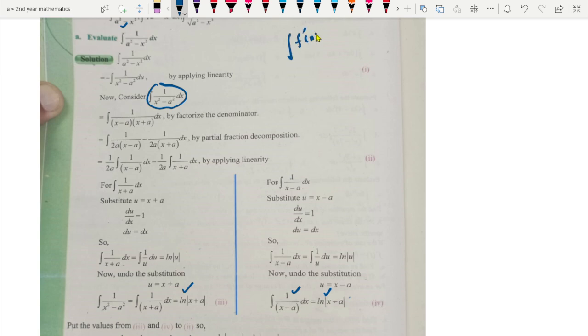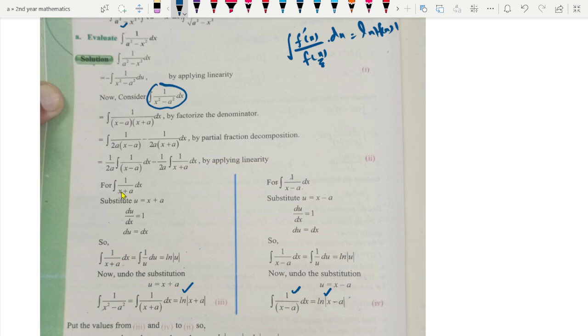When you have f of x in the denominator and f prime of x, the derivative of f of x, in the numerator, the integral of this is equal to the natural log of f of x.